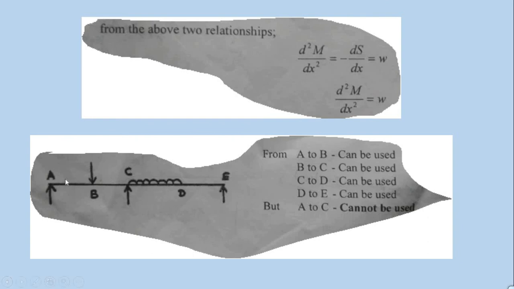In this picture you can clearly see the AE beam, we can use that equation from A to B, B to C, C to D, D to E, but you can't use that equation from A to C because there is a concentrated load here, and also we cannot use that equation from A to D and also A to E. But when there is a point load at the middle, we cannot use that derived equation.